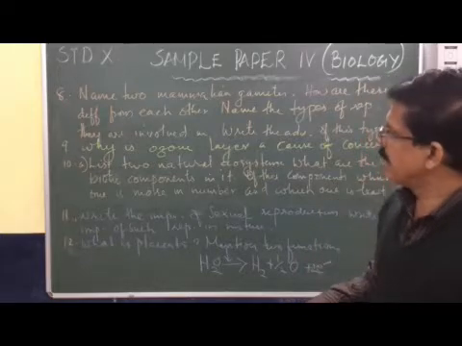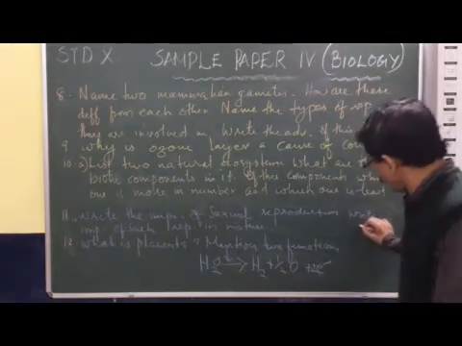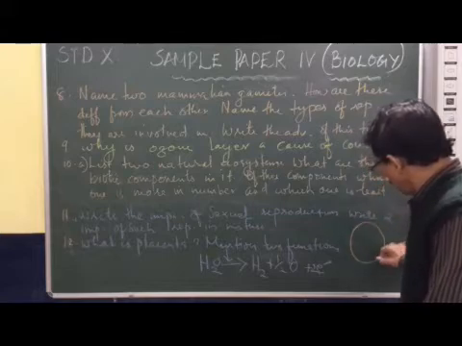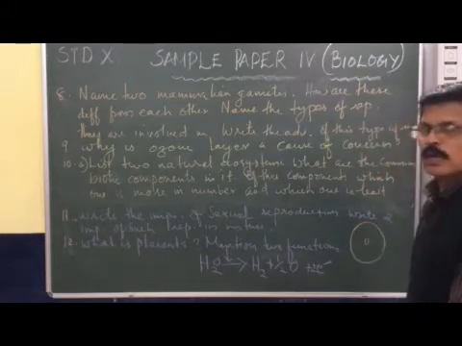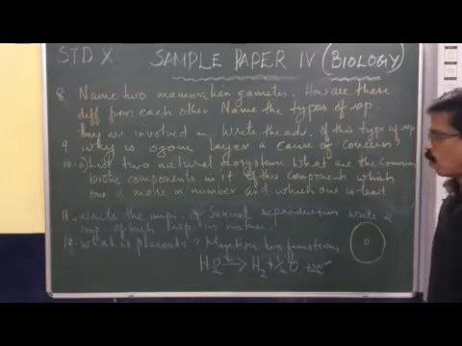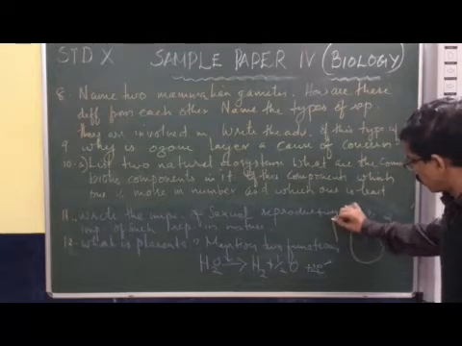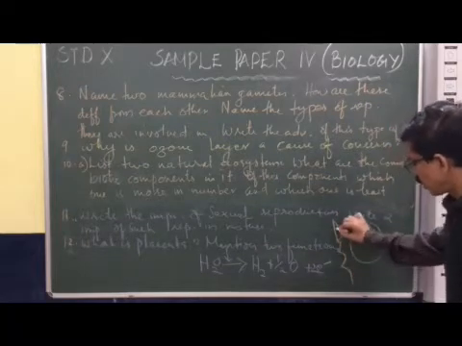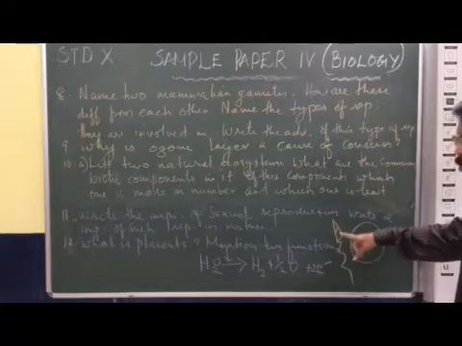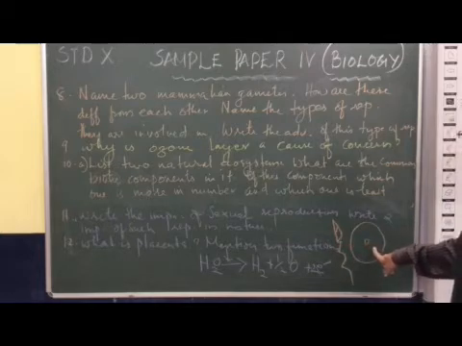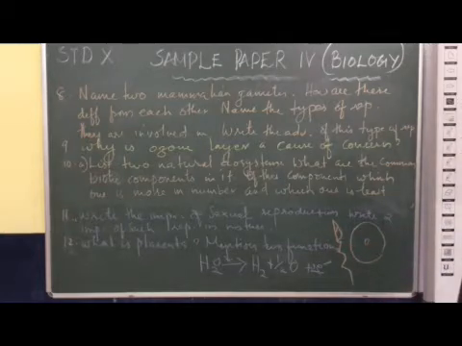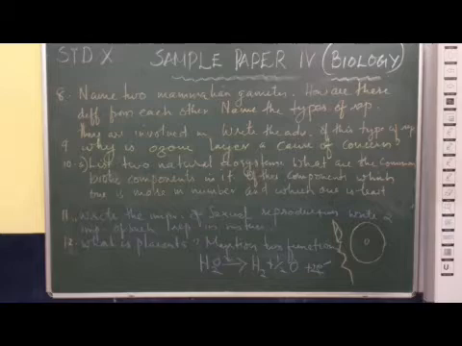But the egg is larger in size, circular, and non-motile. Sperms are motile and smaller, whereas egg is non-motile and bigger in size. That is the point you have to remember.